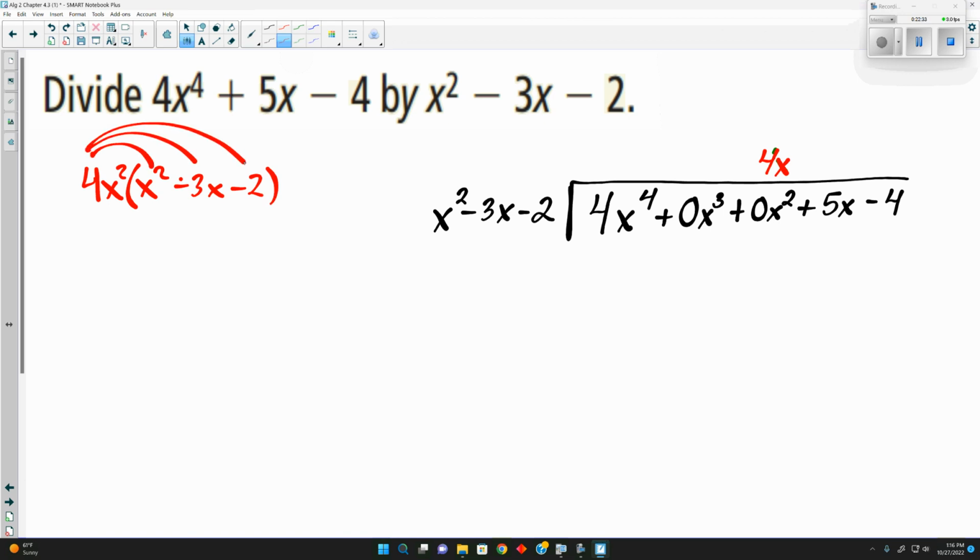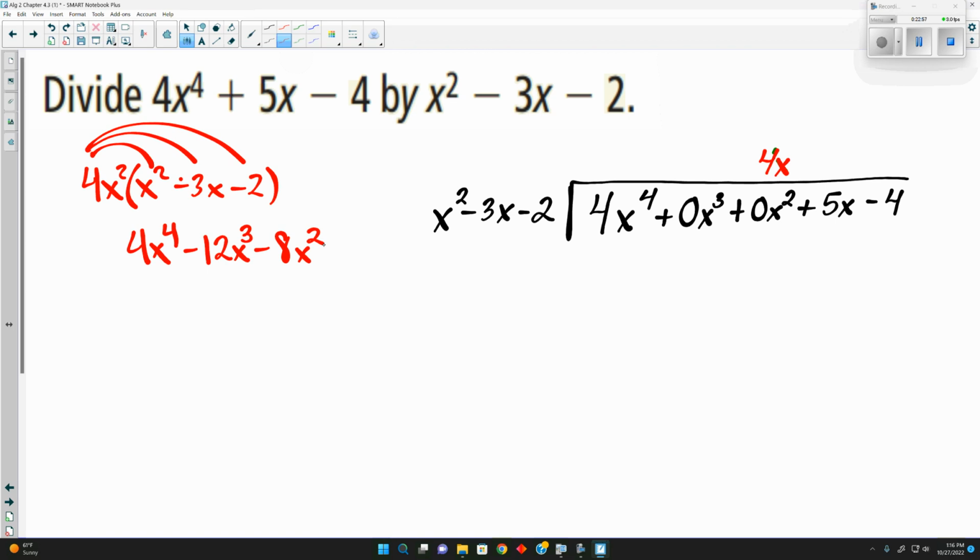So we'll distribute these out so that we get what we need to be able to do our subtraction. 4x squared times x squared is going to be 4x to the fourth. 4x squared times negative 3x is going to be negative 12x cubed. And 4x squared times negative 2 is going to be negative 8x squared.